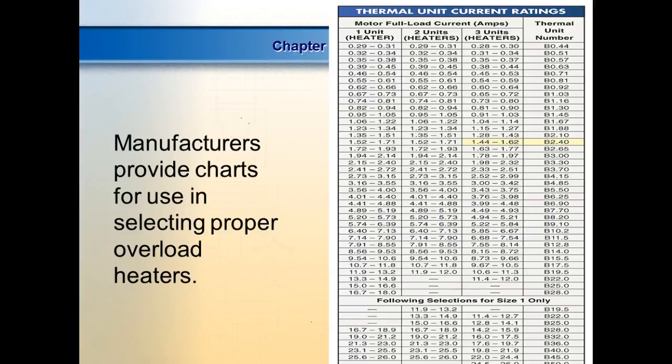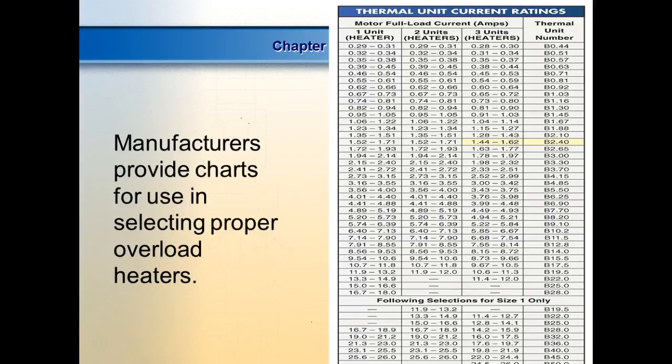So your overloads are supposed to be 125% above. If it comes up to be more than 125%, then we'll move to the next one. If it comes up to be less than 100%, we'll move to the lower next one.